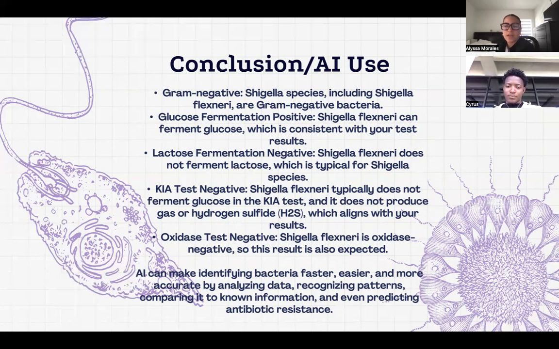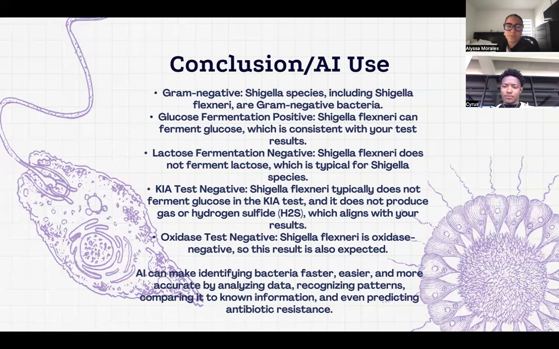This is showing an AI representation and conclusion as far as how we were able to use AI to help us in our investigations of this bacteria. Ultimately, the AI conclusions went along the lines of what we actually tested in the lab.